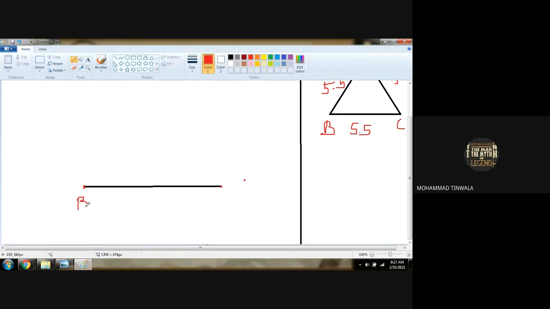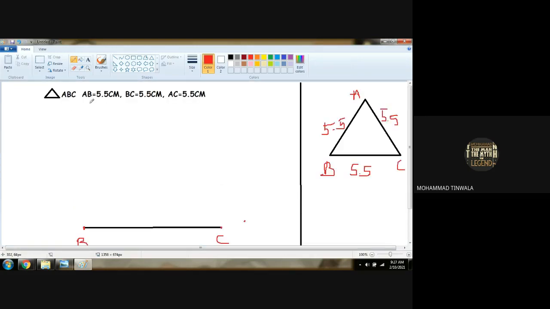So this is point B, what we took, and this is point C. Now what we have to do, open rounder and pencil, take center point B, first measure it on the scale, 0 centimeter to 5.5 centimeter, okay? Taking point B, draw an arc on the top of line segment BC.